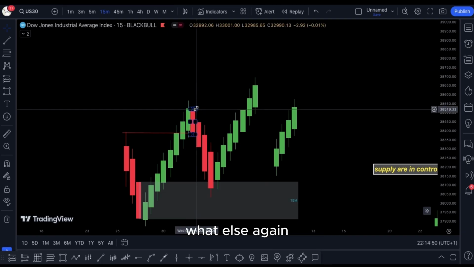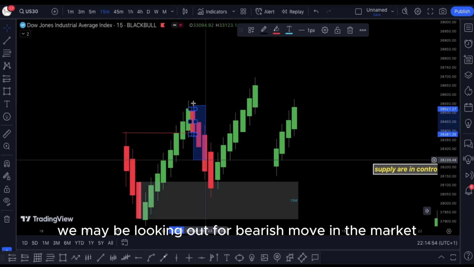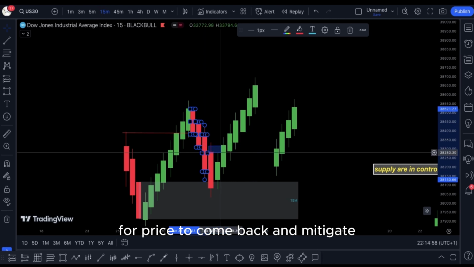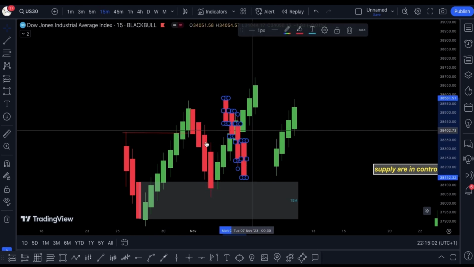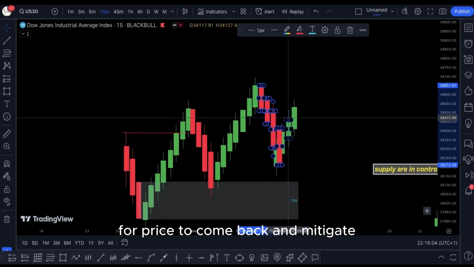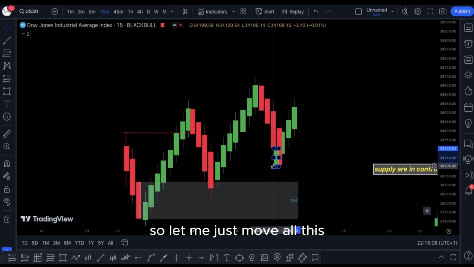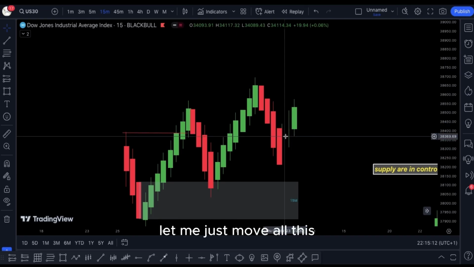What else may we be looking at for a bearish move in the market? For price to come back and mitigate. So let me just remove all this.